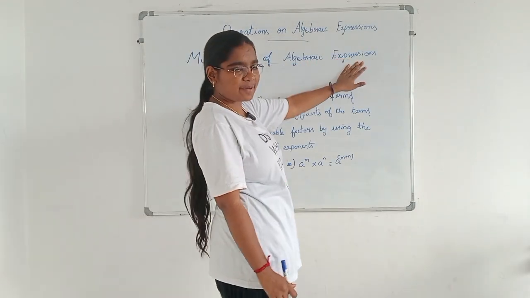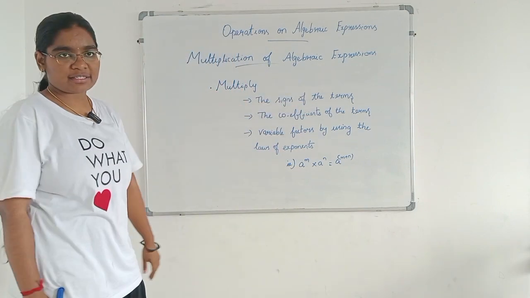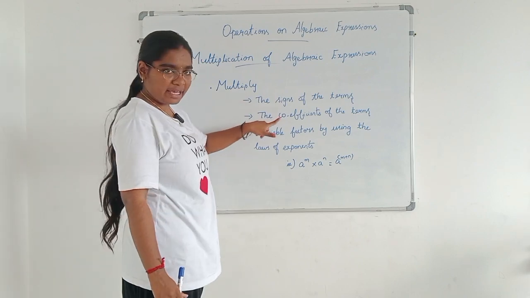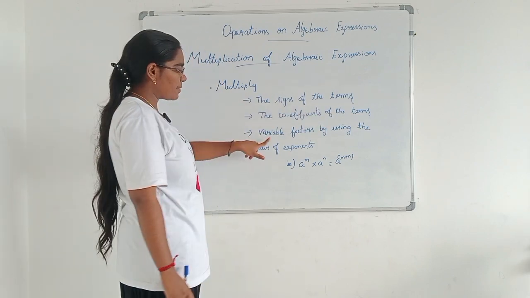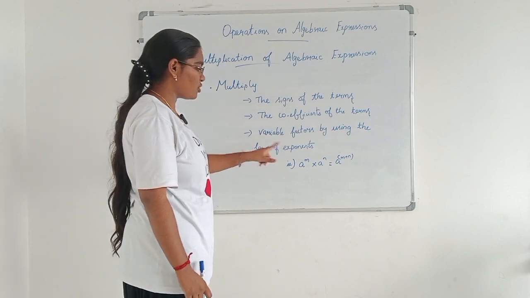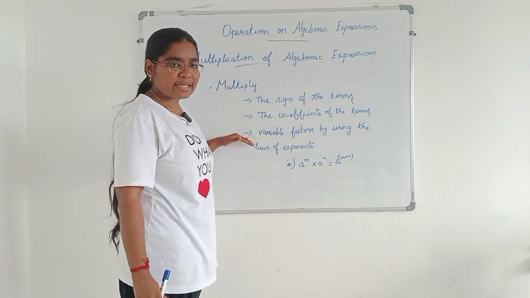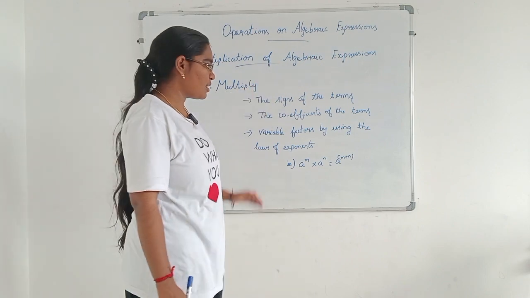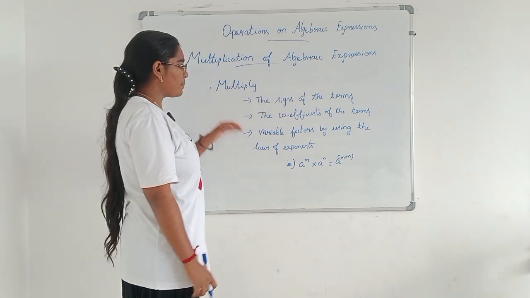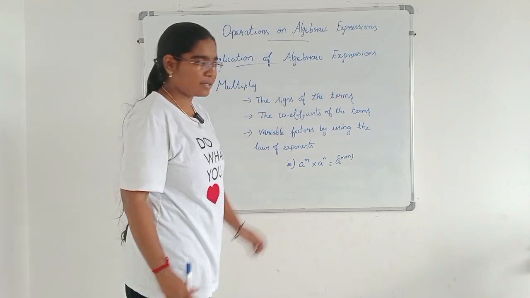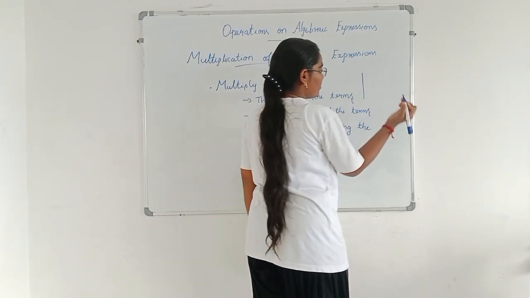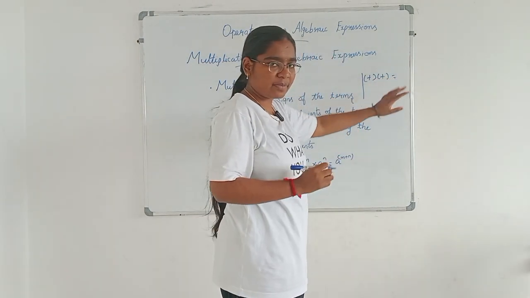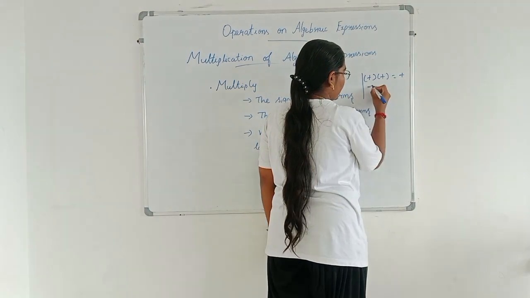On multiplication of algebraic expressions, we have to know these three things. Multiply the signs of the terms, multiply the coefficients of the terms, and multiply variable factors by using the laws of exponents. These are the three steps to be followed in multiplication of algebraic expressions. The first step is to multiply the signs of the terms. That means we will face different combinations. Plus and plus, you will get plus.